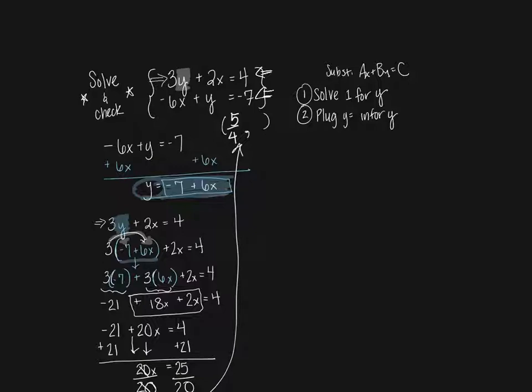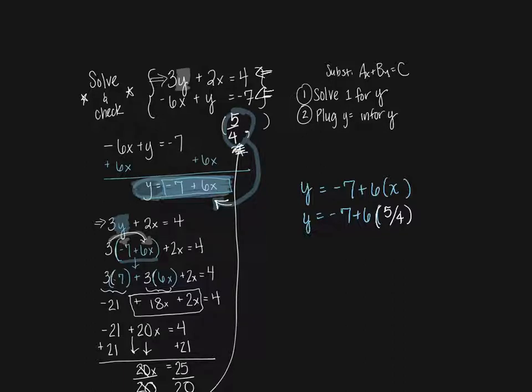So let's come back over here where I already have my y equals equation, and we are going to plug our x in here. So it's going to look something like this. I took this equation, and I plugged my x value up here in for my x value, and this is what I get. So now I can simply solve for y, and y is going to be negative 7 plus 6 times 5 over 4.